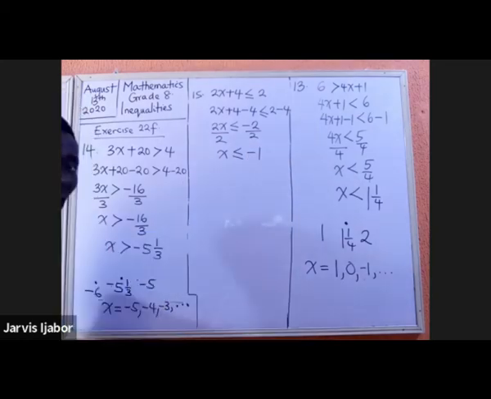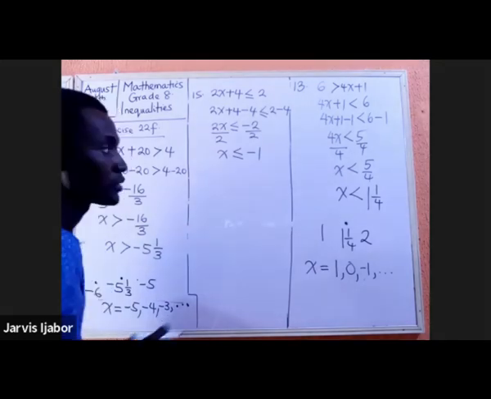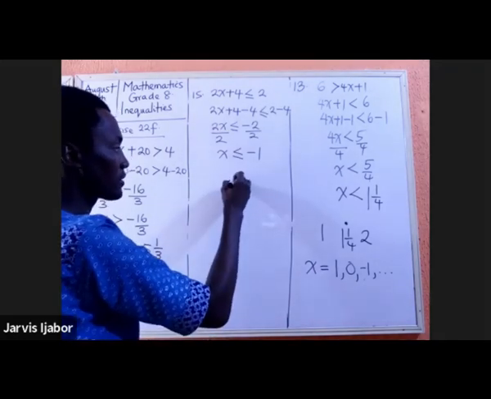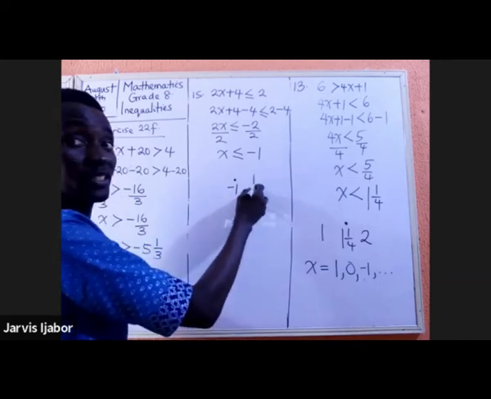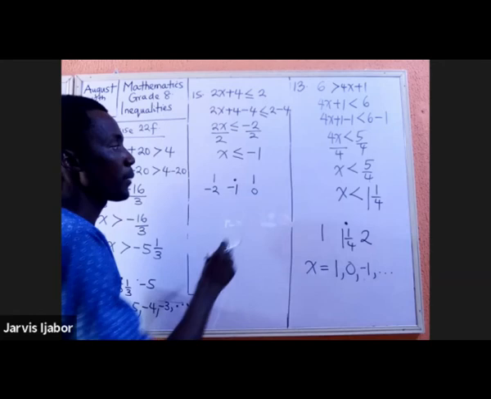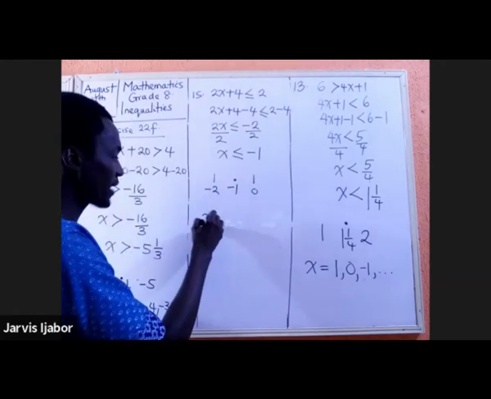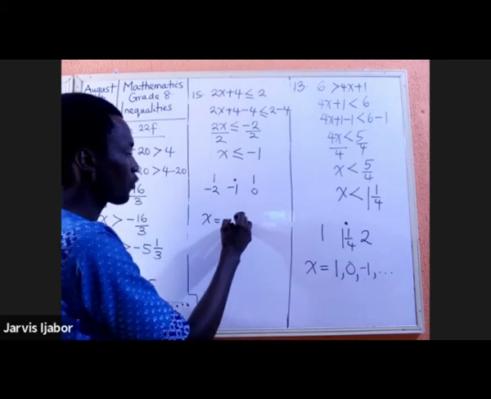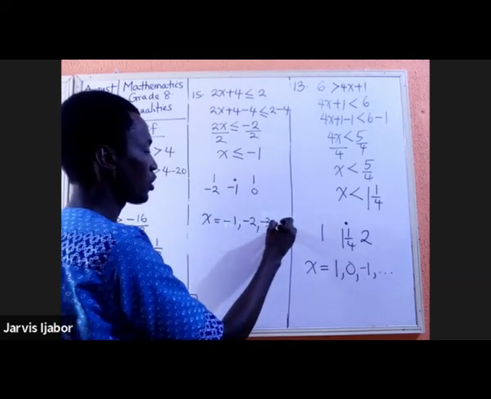So here you have to be very careful because here you have less than or equal to. So I'll come to this negative 1. If I go in this direction, it will be 0. If I come back, it will be negative 2. But because they said less than or equal to, I must start from negative 1. So x will be equal to negative 1, negative 2, negative 3, dot, dot, dot.